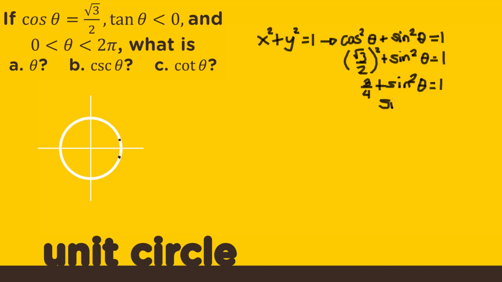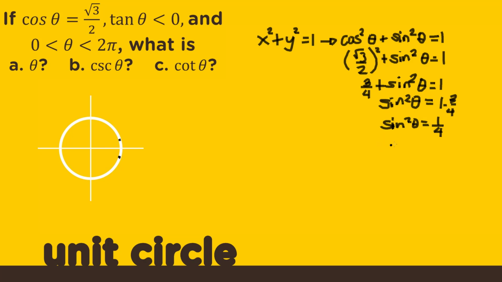Subtracting 3/4 on both sides, sine squared theta is equal to 1 minus 3/4, which gives us 1/4.